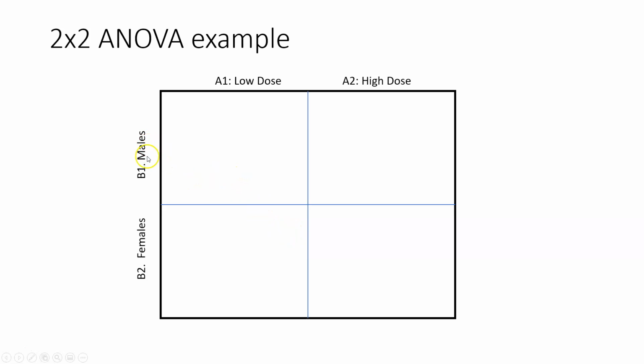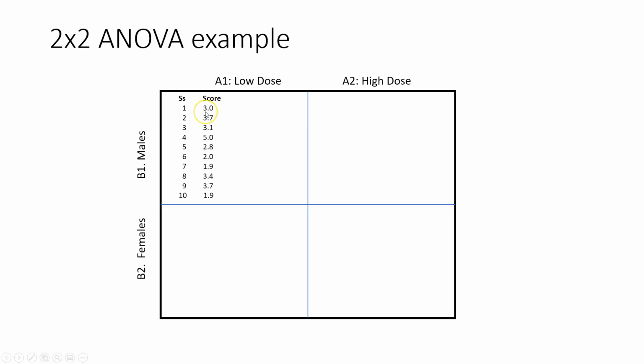For instance, here in the condition where we're considering those males who are taking a low dose, we might have 10 participants, 10 subjects, and we might have scores for each of those participants on some dependent variable. Let's say that this is happiness. I don't care what it is, but let's say that these are levels of happiness on a particular low dose of a drug.